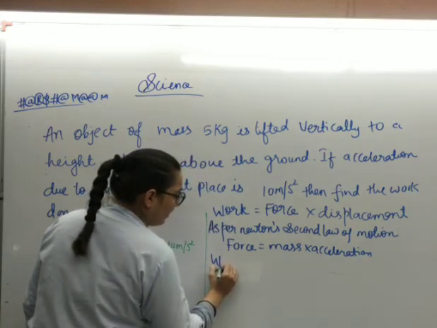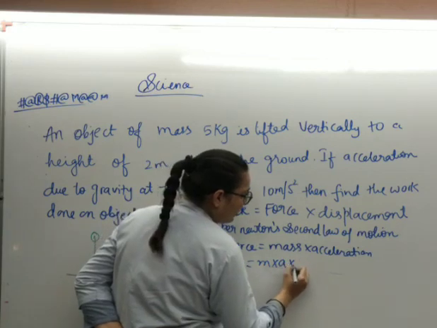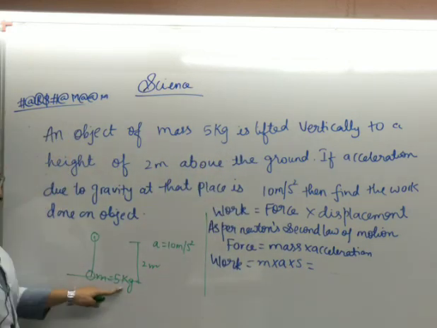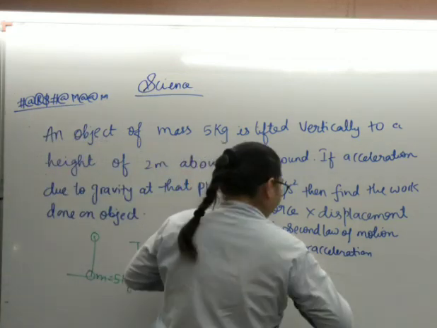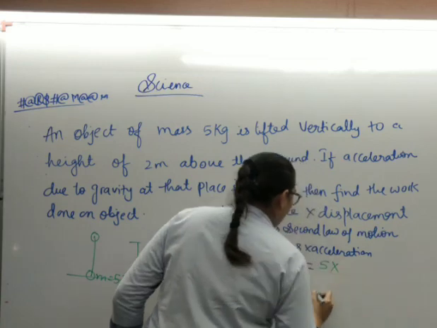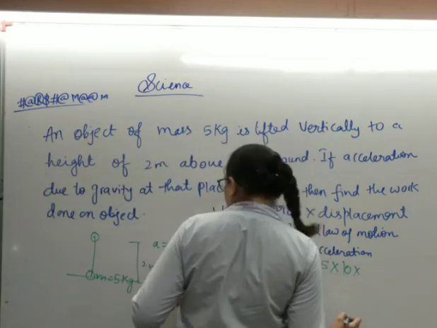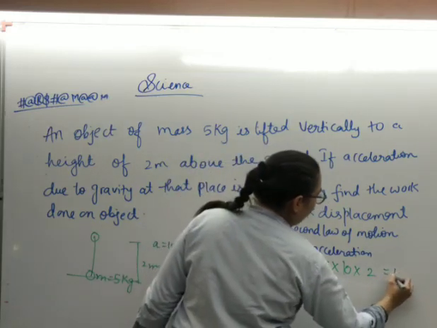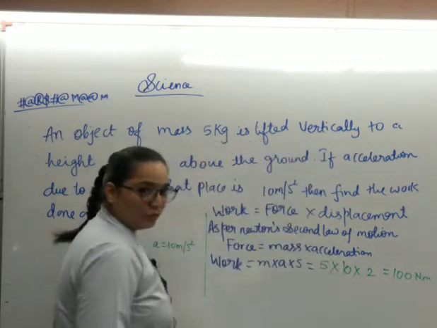We get work is mass into acceleration into displacement. The mass of the object is 5 kg, the acceleration is 10, the displacement is 2. What is 5 into 10 into 2? 10 tens are 100 Newton meter or joule.